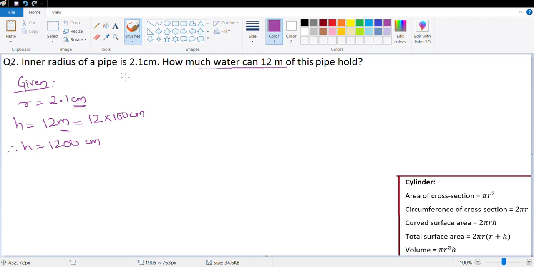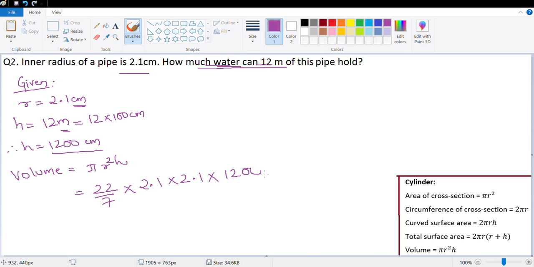So radius given, height given, we need to find how much water, which means we need to calculate the volume. So the volume is given by the formula volume is equal to pi r square h. Let's substitute values. 22 by 7 into r, which is 2.1 multiplied with 2.1, into 1200, and this is centimeter cube.